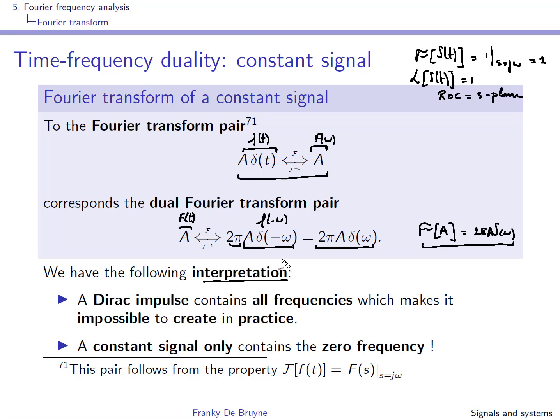And another thing that you can see is that a constant signal only contains energy at the 0 frequency, which is kind of obvious, and this is something that we had already observed at the beginning of this section on the Fourier transform, when we had considered the Fourier transform of a rectangular impulse. Remember that when the width of the impulse was growing, we could indeed see that the energy content at the 0 frequency was growing as well.